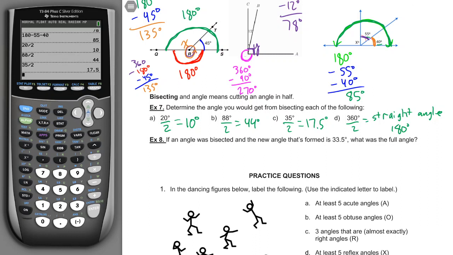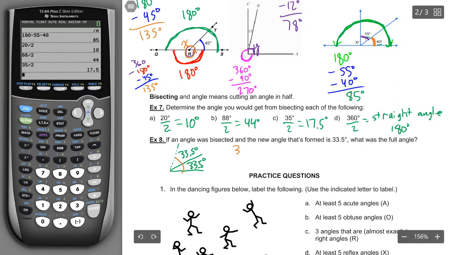And now this last one. This one's just a little bit tricky. It doesn't come up that often. But if you know that your bisected angle is 33.5 degrees, what was the full angle? So let's draw this. So 33.5 degrees looks something like that. And that split some other angle in half. So the question is, if this split it in half, then this one's also 33.5 degrees, right?